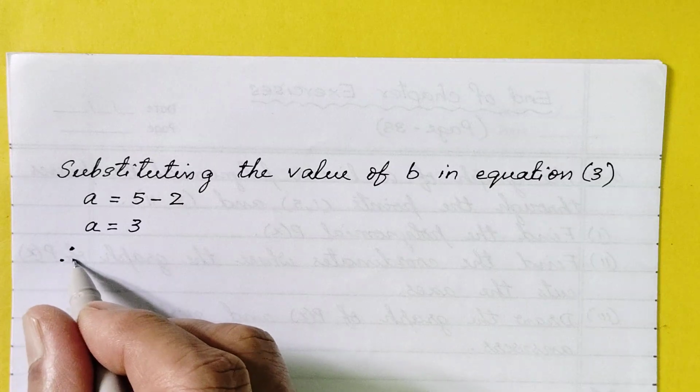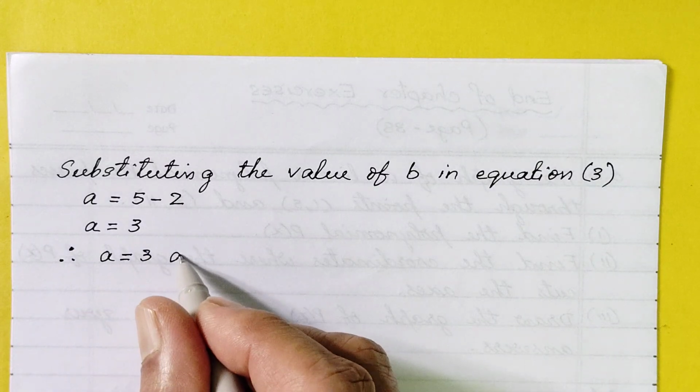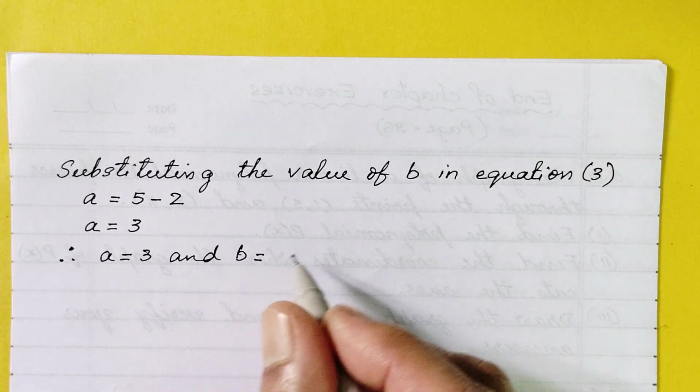Therefore, we have found the value of a and b. A is equal to 3 and b is equal to 2.